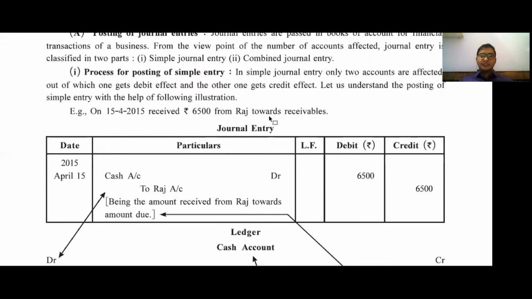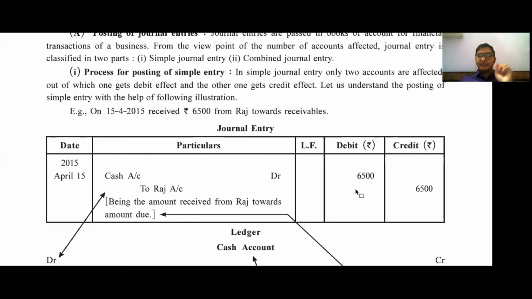So what is the journal entry? We received cash from Raj. So cash account debit, because cash comes into the business, as per the real account. And as per personal account, Raj is a person. So we apply the rules of personal account, and as per personal account, credit the giver, and therefore Raj account credit, and total amount 6500.